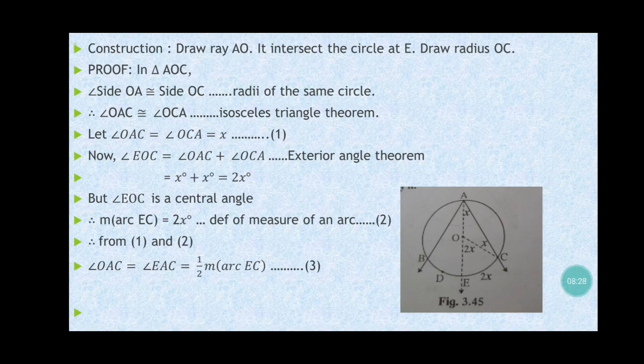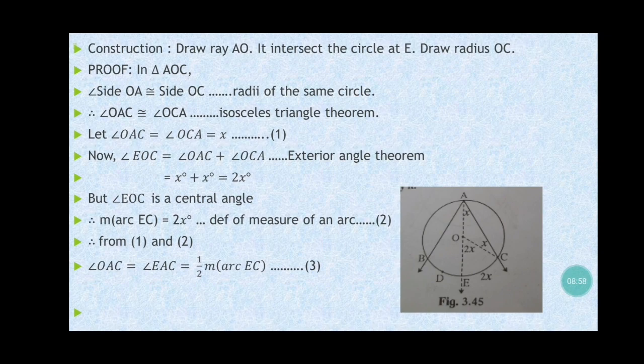Right. Now on the same line, we have to draw OB. What we have to draw? OB. And we have to come to the conclusion that measure of angle BAE is equal to half the measure of arc BE. Okay. Then equation number 3 and whatever equation we are getting over here, that we have to add.